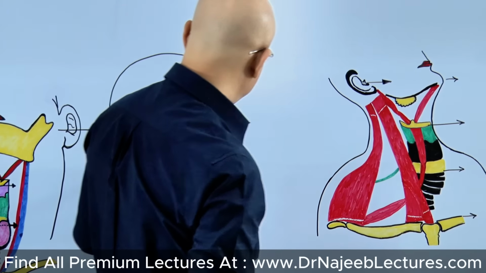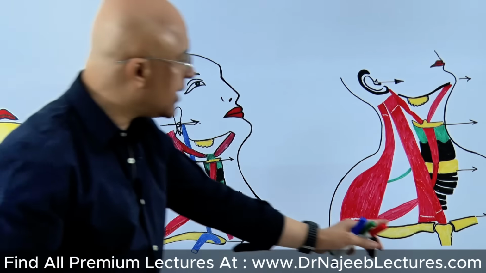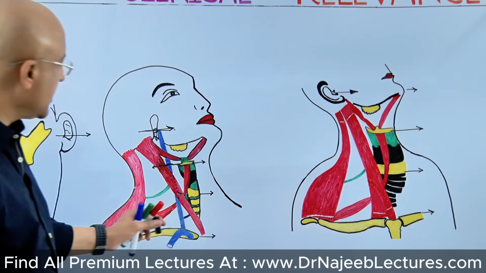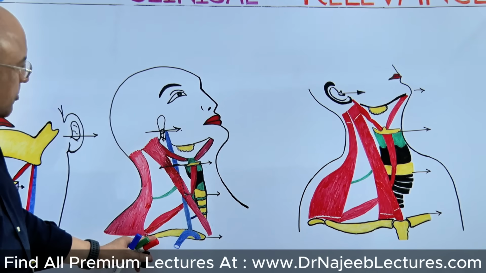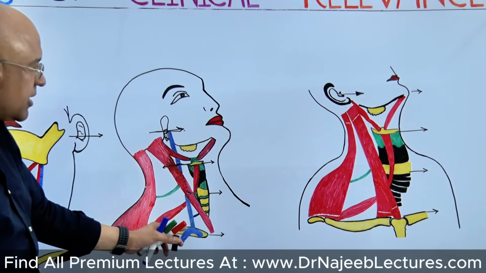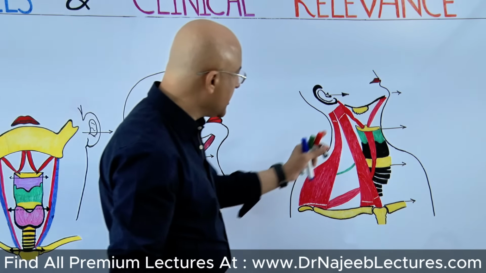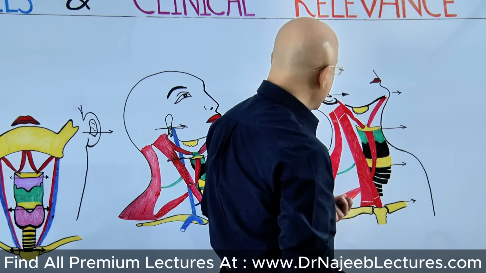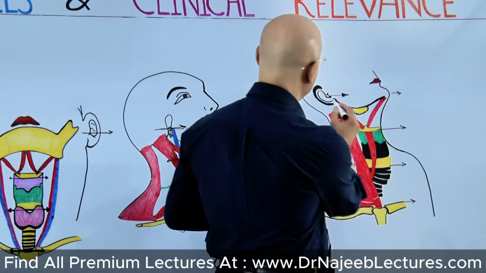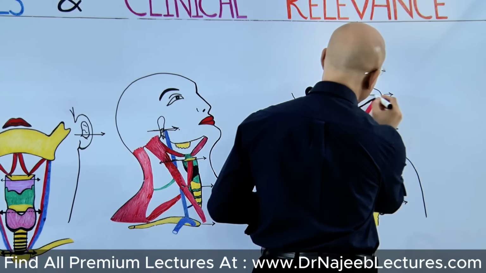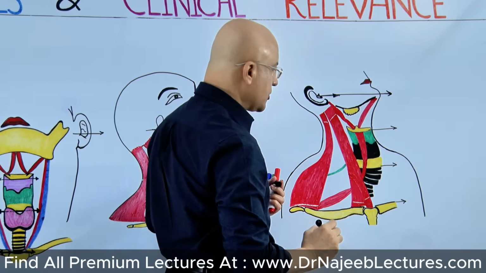Now, the difference between this diagram and that diagram is that here it is superficial dissection, here deep dissection, because you can see the internal jugular vein here, which is also an extremely important landmark, which we will discuss later. In this superficial dissection, you can see that from here, the external acoustic meatus, this line is going to the base of the skull.